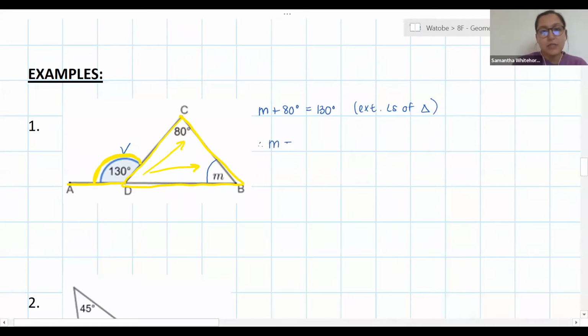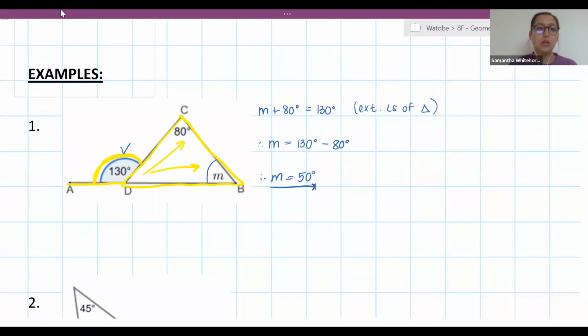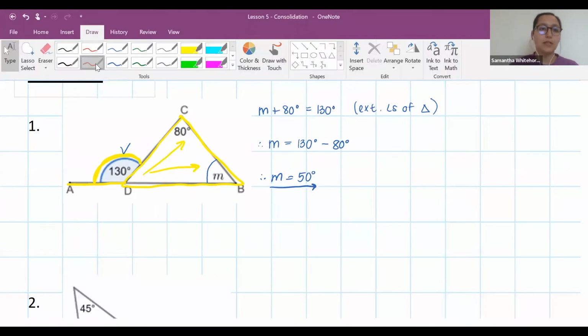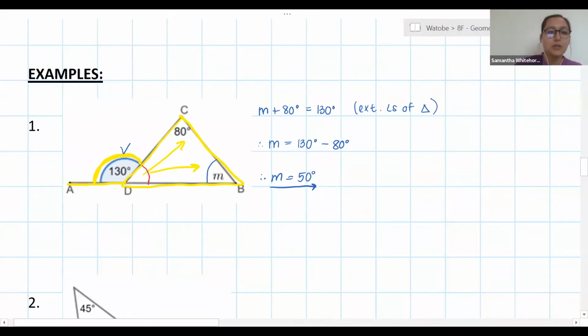So M is equal to 130 minus 80 degrees. And so M is equal to 50 degrees. So for me, that would be the easiest way to do it. You can, of course, go and work out sum of angles in a triangle to get this angle CDB.